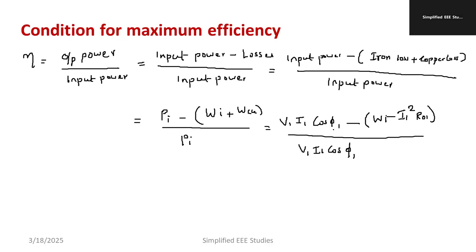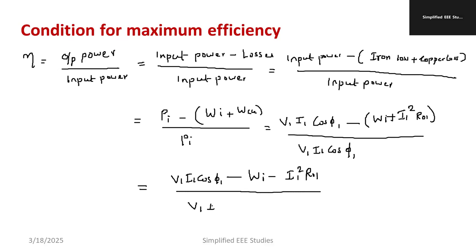Now simplify, because it is better to remove the brackets. V1 I1 cos phi 1 minus Wi minus I1 square R01, whole divided by V1 I1 cos phi 1.